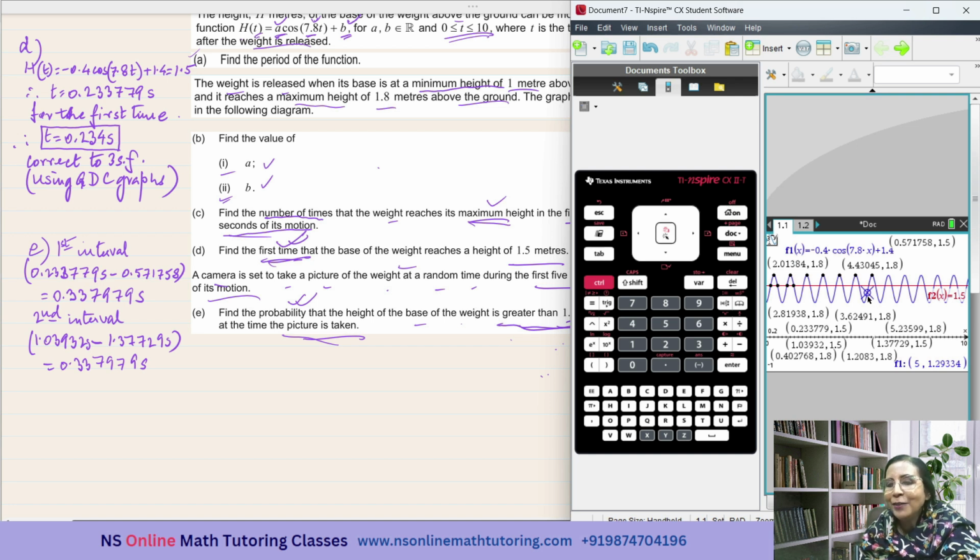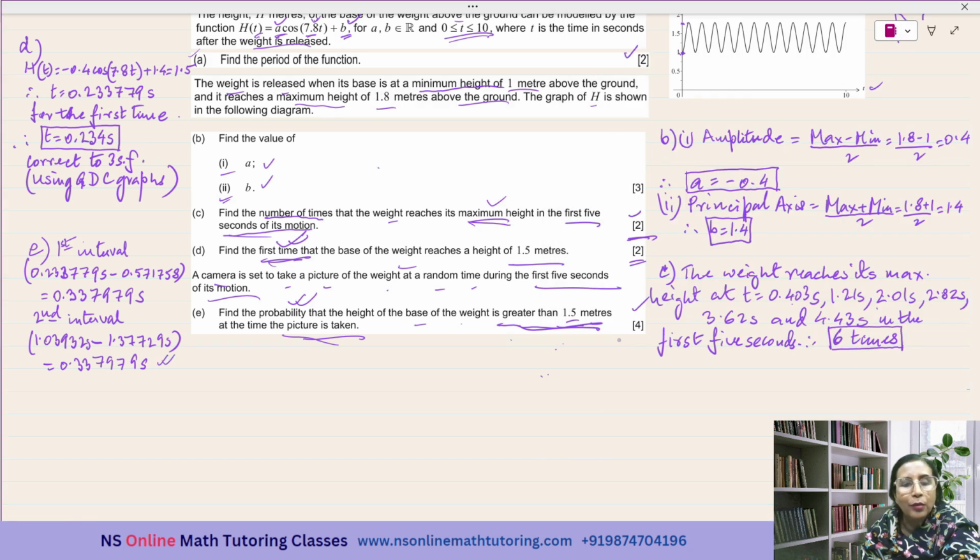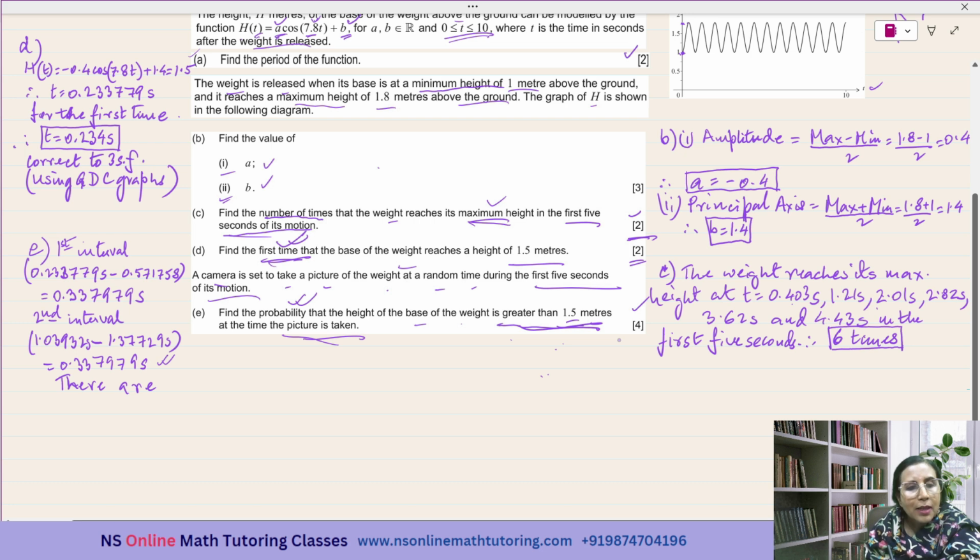Very intelligent, I haven't pressed the 5, but it has come to this point. You are seeing 1, 2, 3, 4, 5, and 6. So there are 6 intervals in the first 5 seconds.